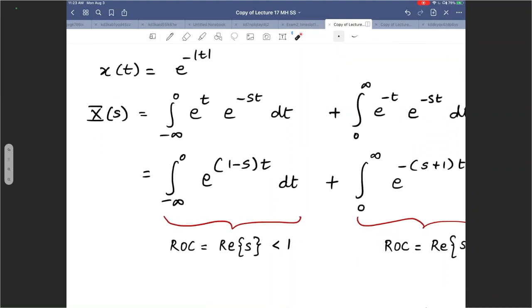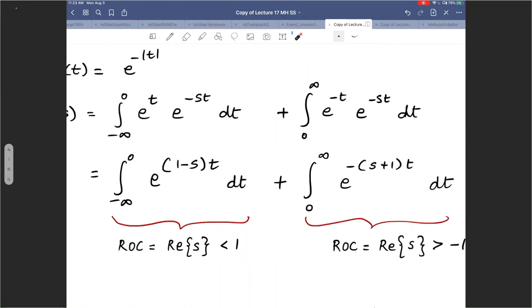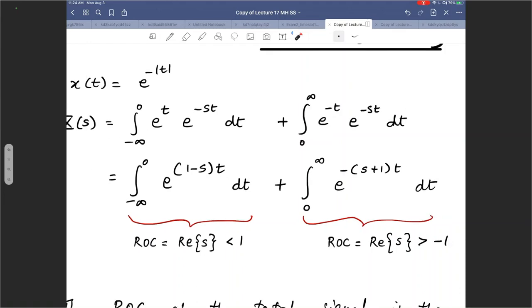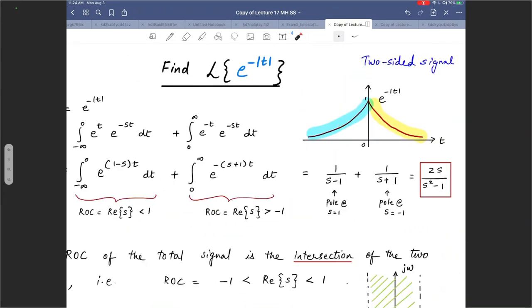X of s, the Laplace transform of x of t, can be written as the integral from negative infinity to 0 of e to the plus t e to the negative st dt. And for the positive time, you have integration from 0 to infinity of e to the minus t e to the minus st dt. The reason we have broken it up into these two integrals is because the shape of the function is different because of that absolute of t.